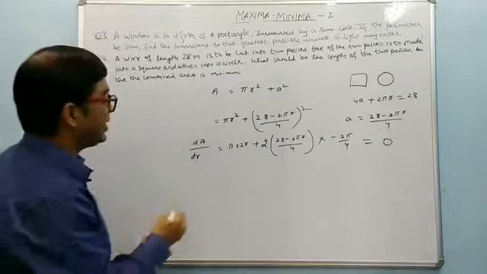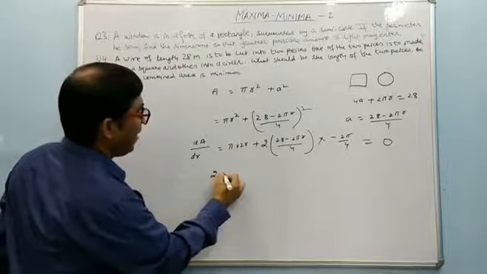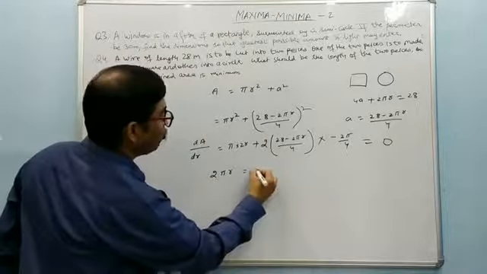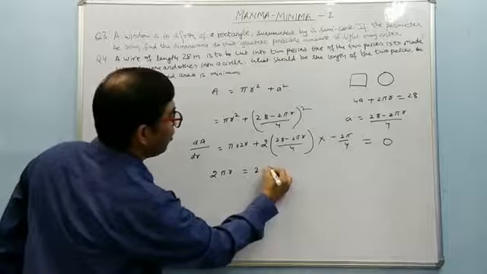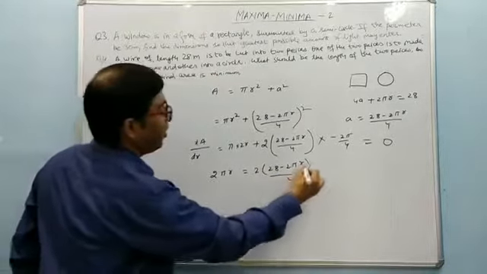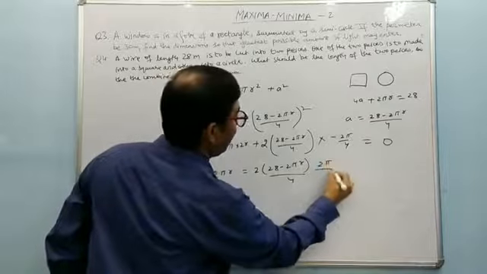So what we are getting, see here, 2 pi r is equal to 2 into (28 minus 2 pi r) by 4 into 2 pi by 4.